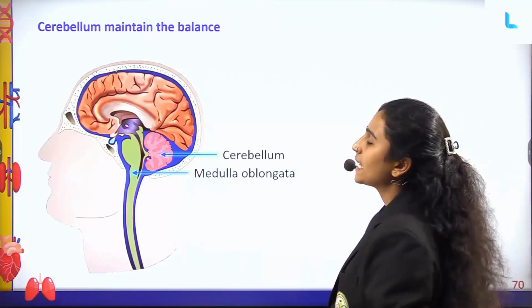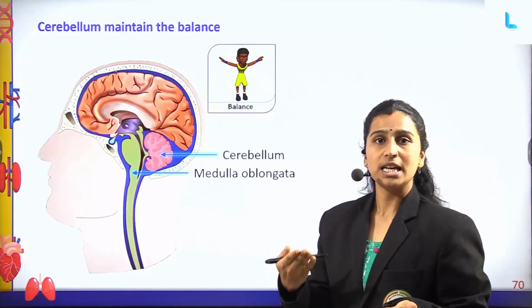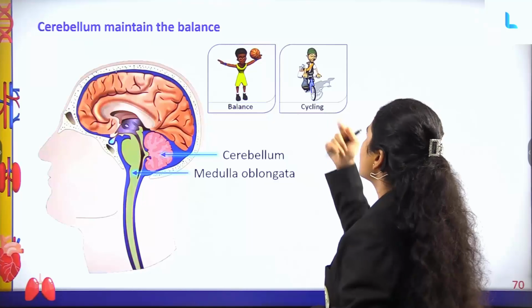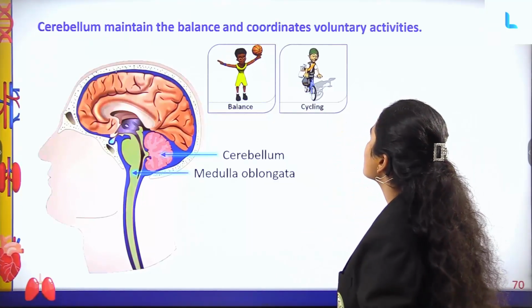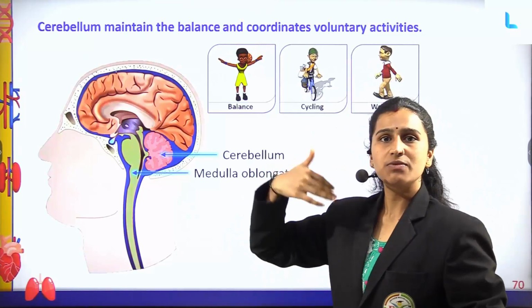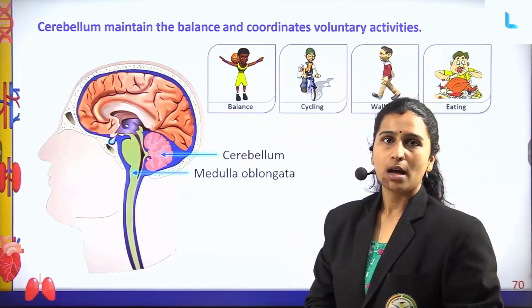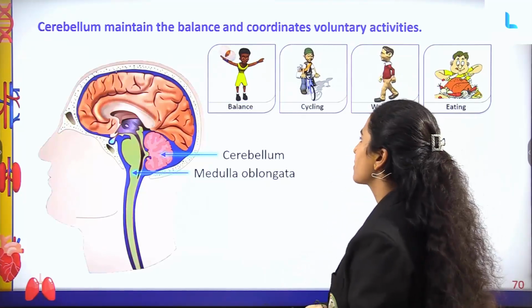The cerebellum will maintain the balance. If a person has to stand erect, it is because of the cerebellum giving the signal. So the balance, cycling, and coordinating the voluntary activity: walking, standing, balancing, cycling or riding a bike, etc.